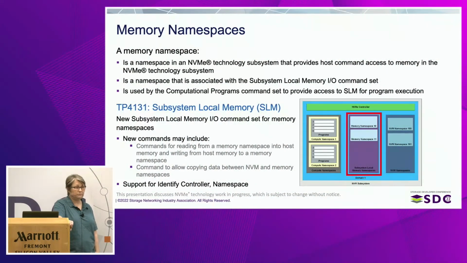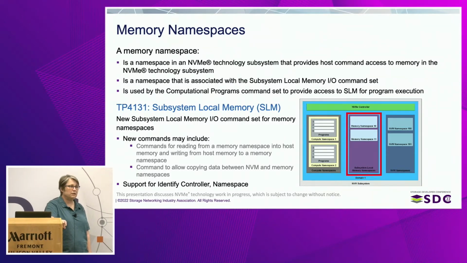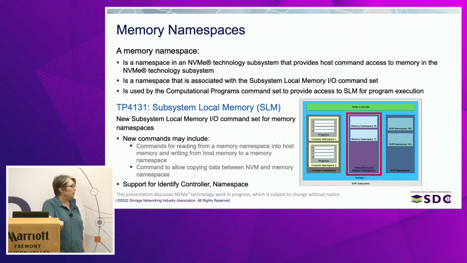This subsystem local memory command set is TP4131, so it has its own TP. Commands in this command set may include commands for reading from a memory namespace to host, writing from a host to a memory namespace, and also copying data between NVM and memory namespaces.